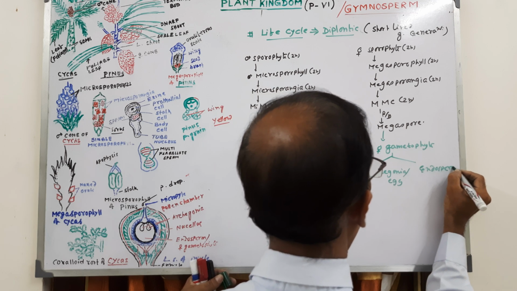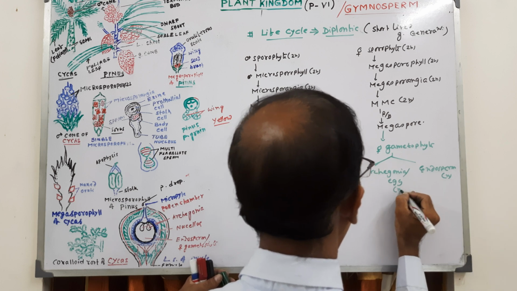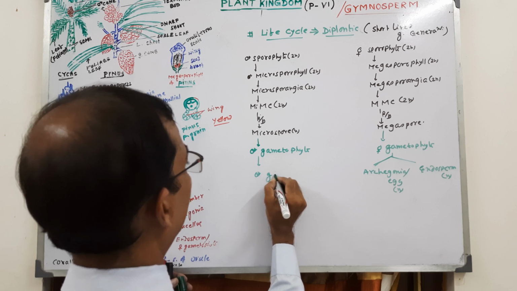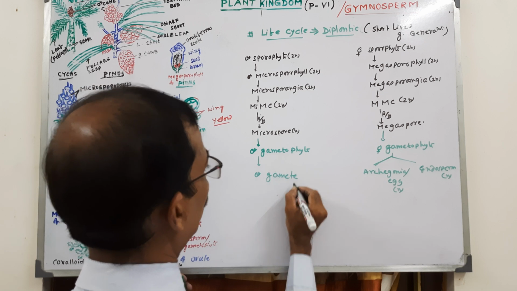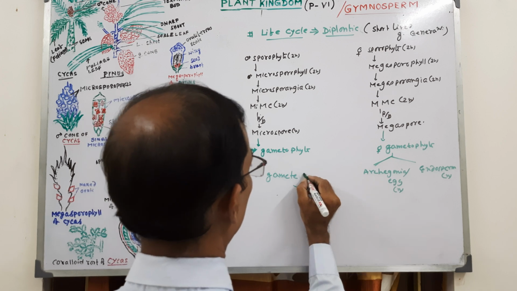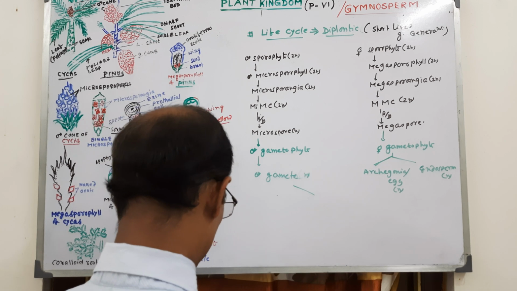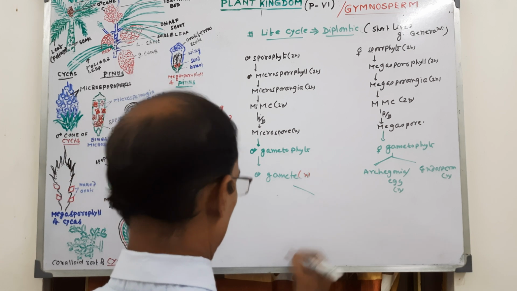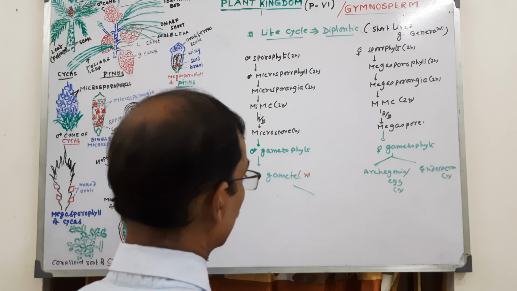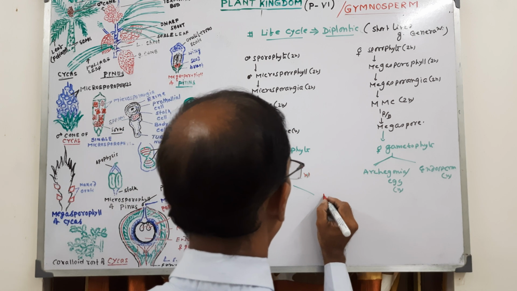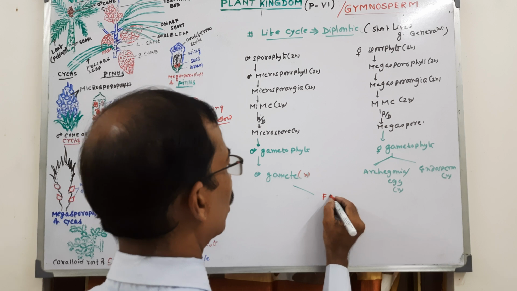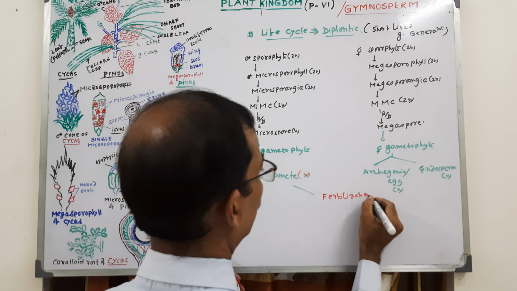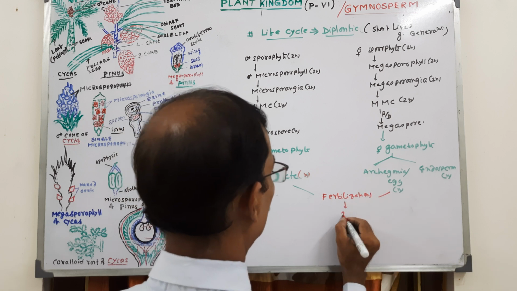Both are haploid. It produces male gamete, motile or non-motile, then male gamete and female gamete by fertilization through siphonogamy or pseudosiphonogamy. Fertilization produces zygote.